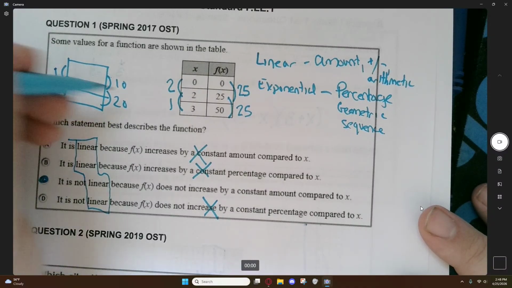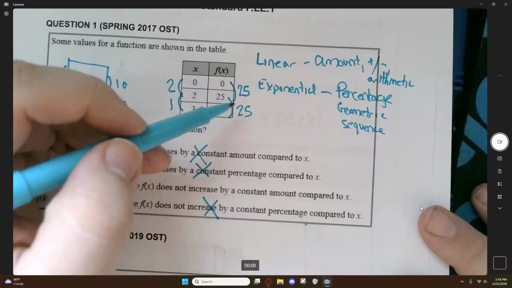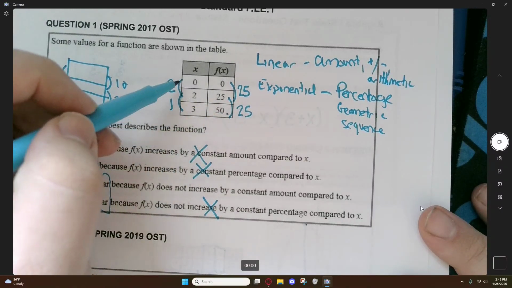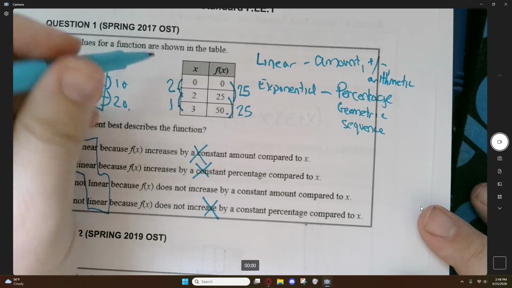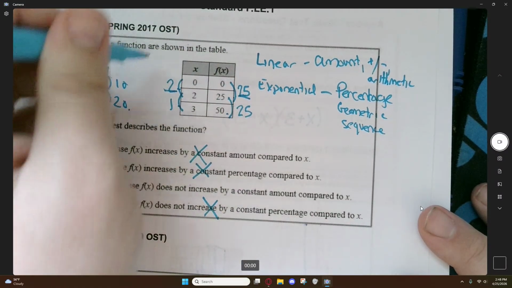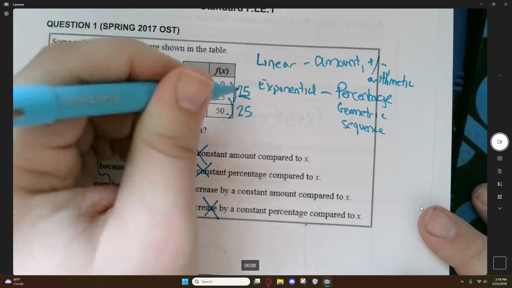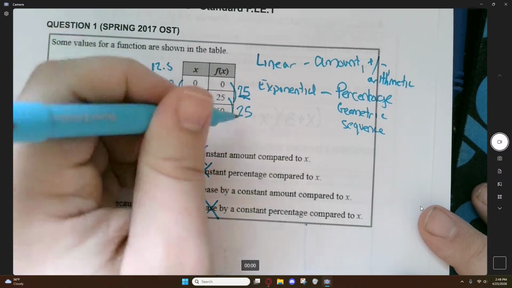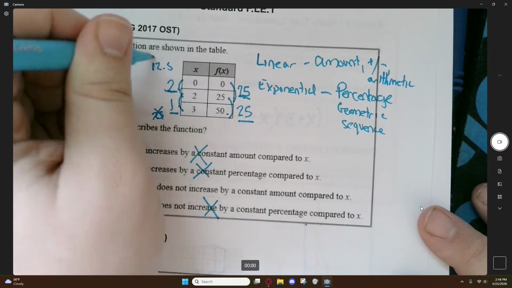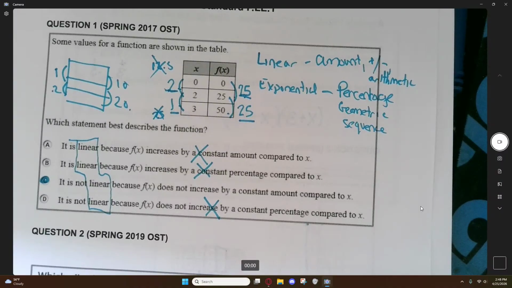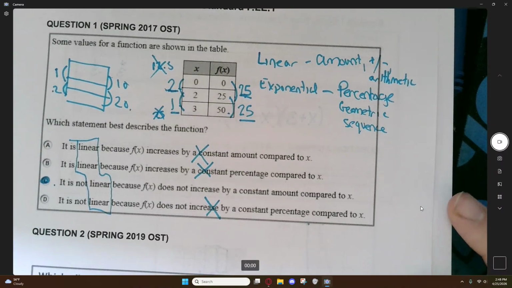This is just multiplied by 2, this is just multiplied by 2. But because these are both 25, these would both either need to be 2 or both would need to be 1. This has a rate of change of 12.5, using the difference in y over the difference in x. This has a rate of change of 25. The rate is not staying the same, therefore it's no good. So it's C.